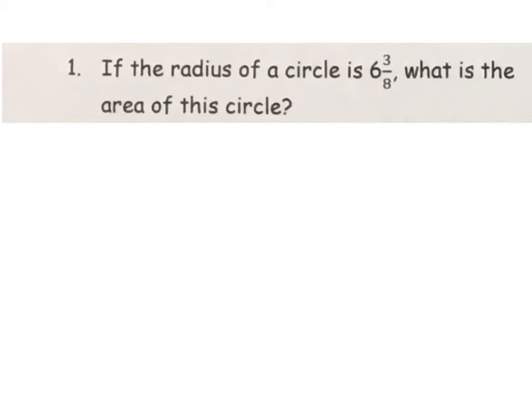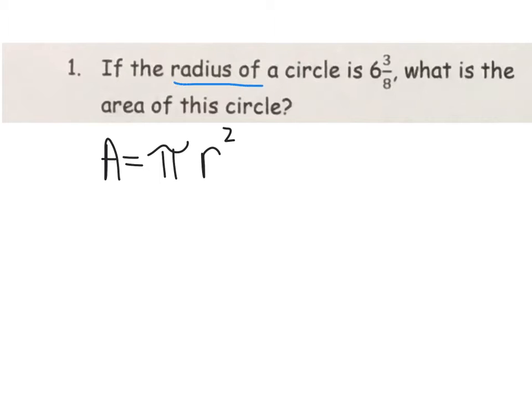All right. Number 1 says, if the radius of a circle is 6 3/8, what is the area of this circle? Remember, for the area of a circle, we use the formula A equals pi times the radius squared. We already have our radius, so in blue I'm going to underline that.